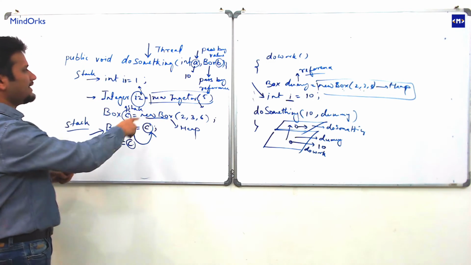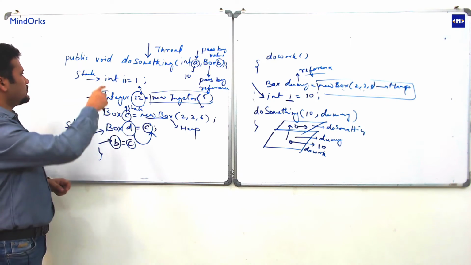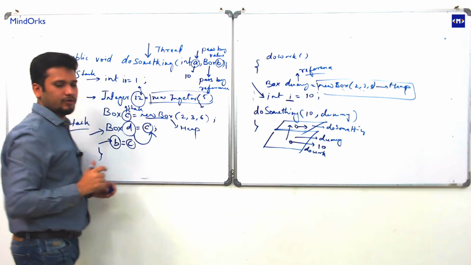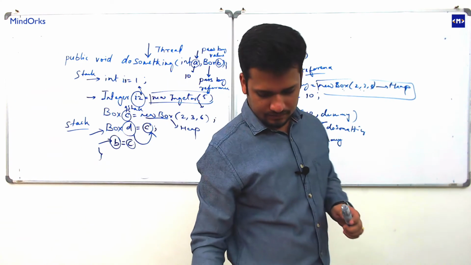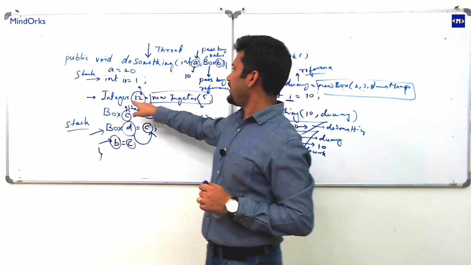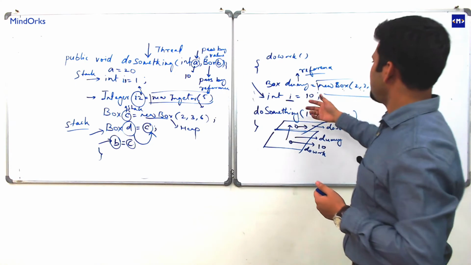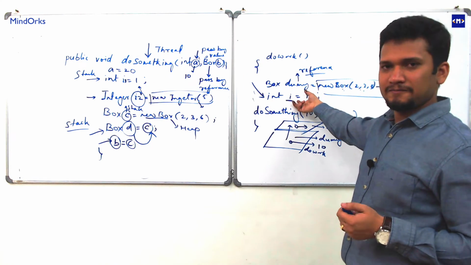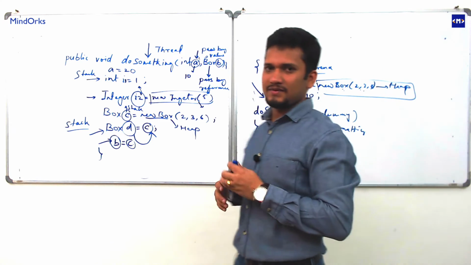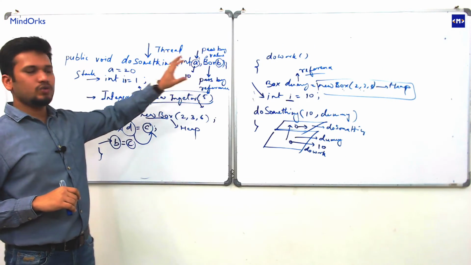So when you are writing a method, these things are happening for your stack and heap. If I write a = 20 here in this method, what will happen? Will this i change or not? Yeah. So this a was actually a reference on the stack.